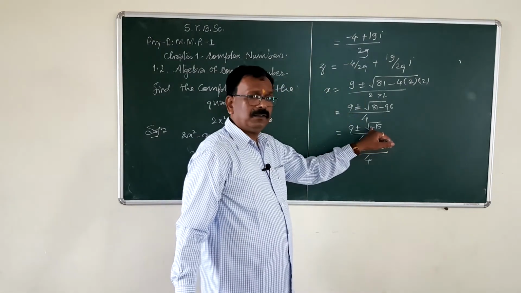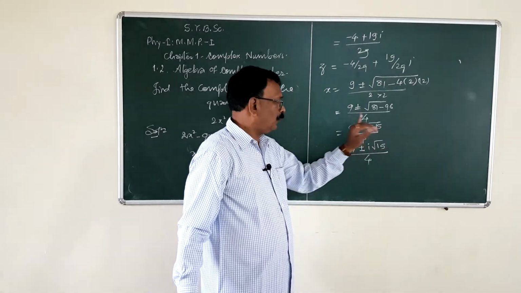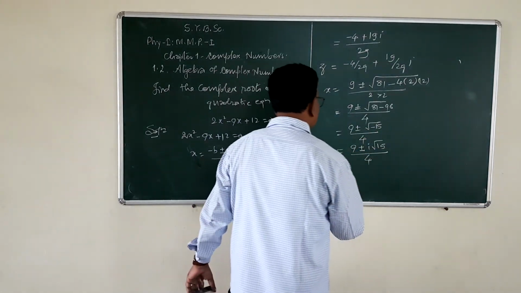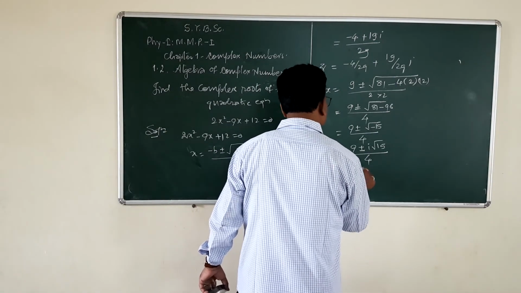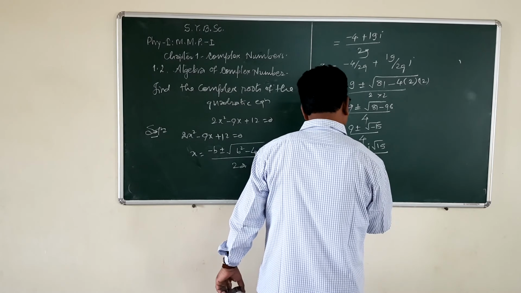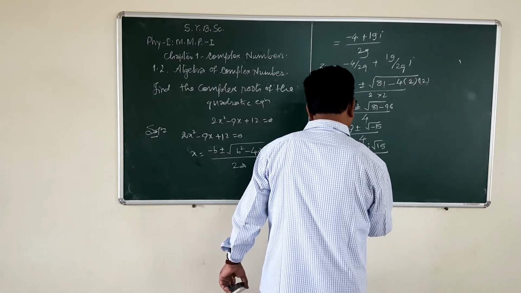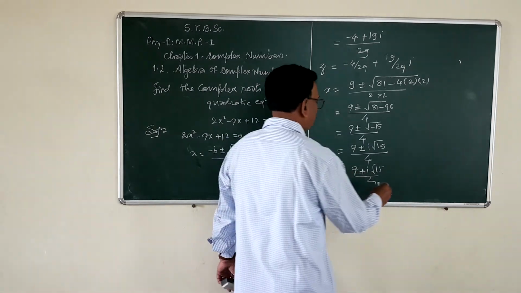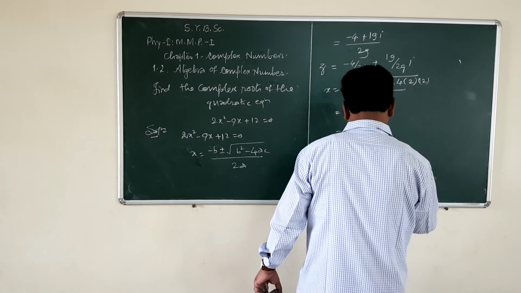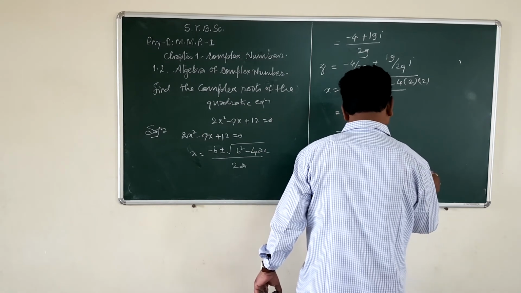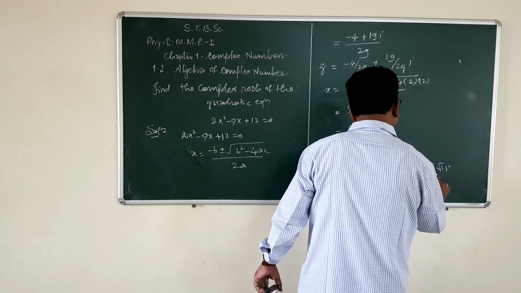Here i represents the value of root minus 1, or i square is equal to minus 1. And therefore, we will get two roots. The first root is x is equal to 9 plus i root 15 divided by 4, and the second root is x is equal to 9 minus i root 15 divided by 4.